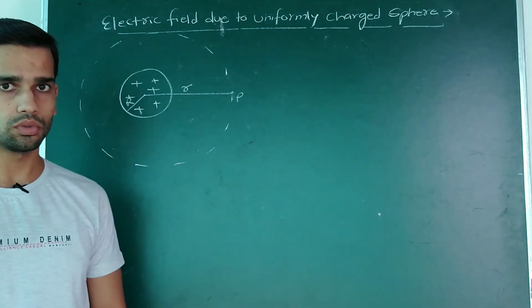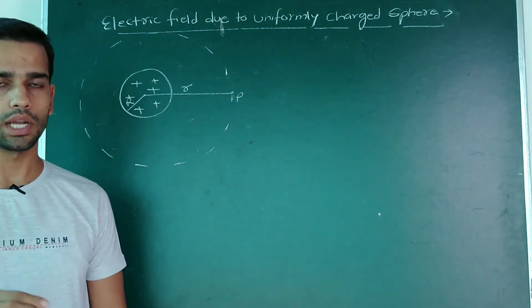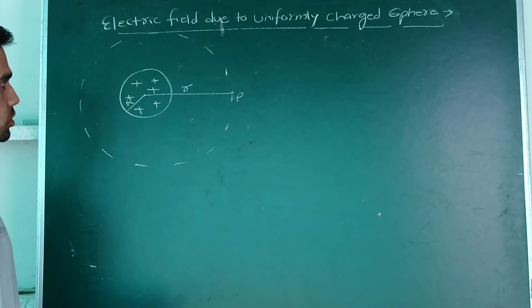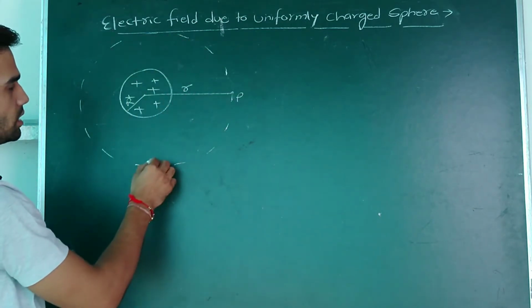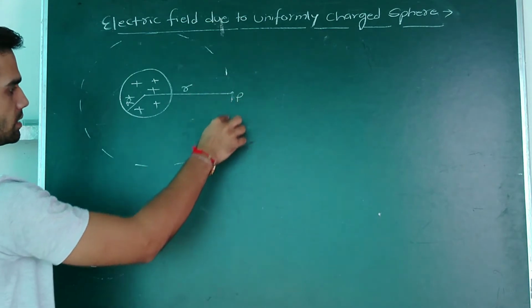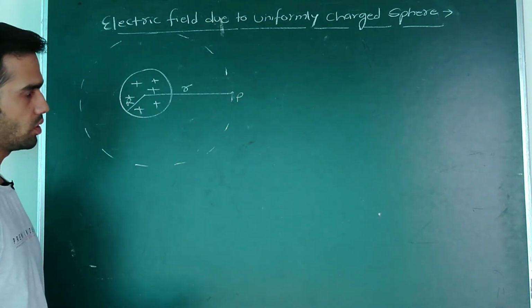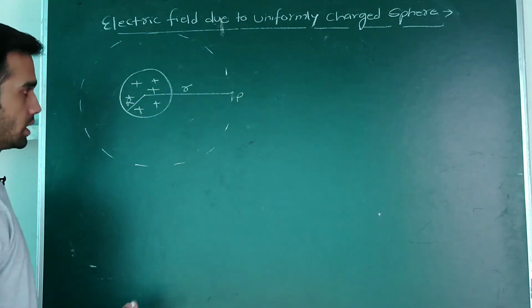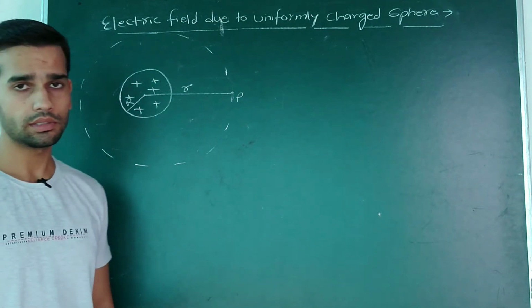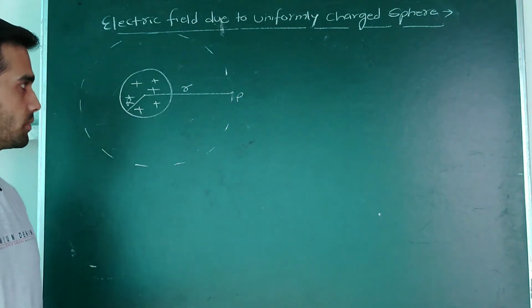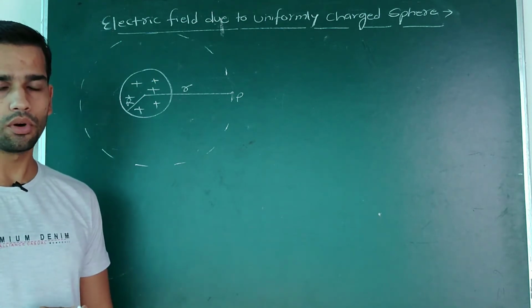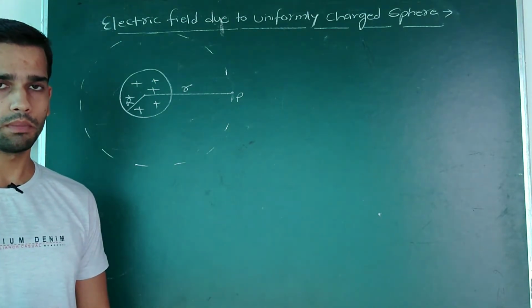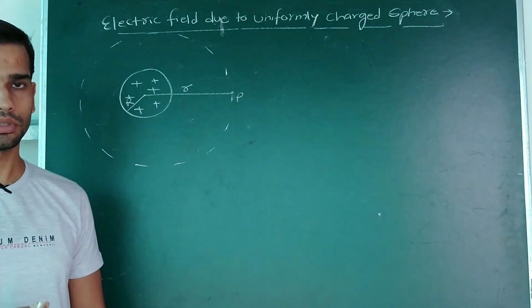We draw a Gaussian surface passing through the point at which we want to calculate electric field. Here the dashed line represents the Gaussian surface, passing through the point P. The second rule of a Gaussian surface is that the electric field at every point of the Gaussian surface should be perpendicular to the surface.